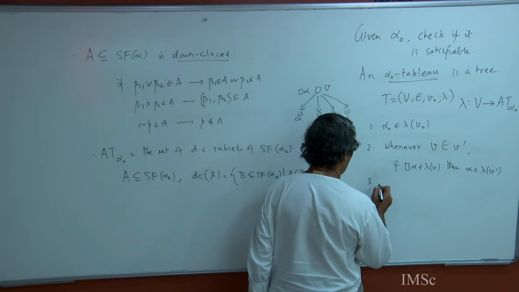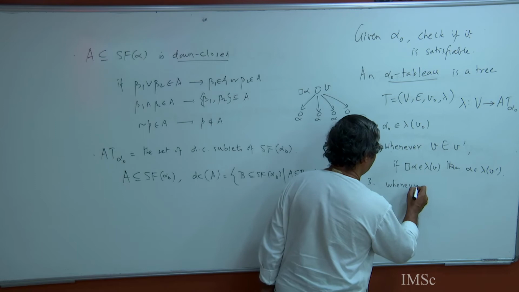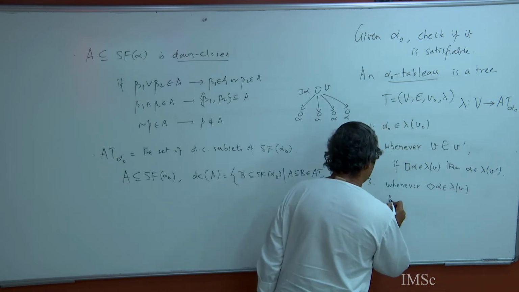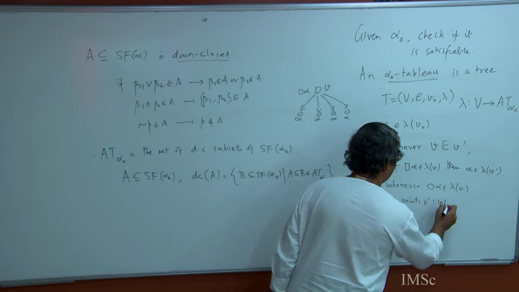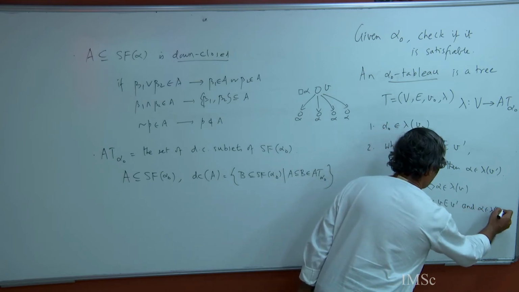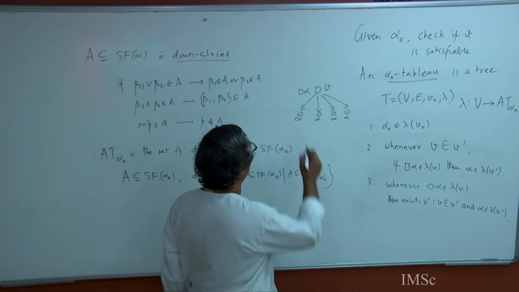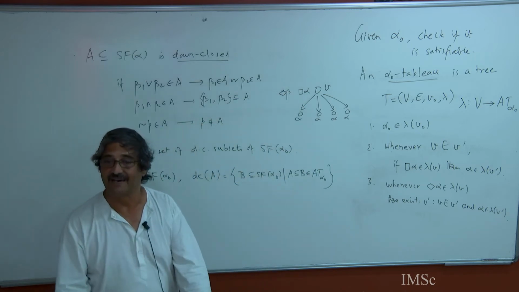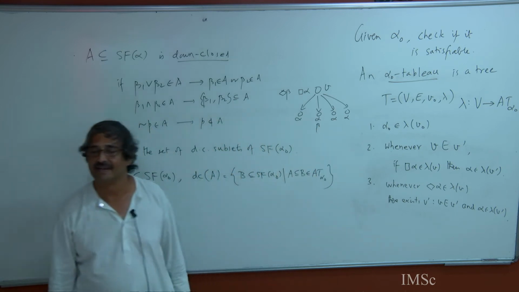And three: whenever diamond alpha belongs to lambda of V, there exists V prime such that alpha belongs to lambda of V prime. If in this node's label I put diamond beta, there must be a successor somewhere, let's say this one, and it has beta in it.